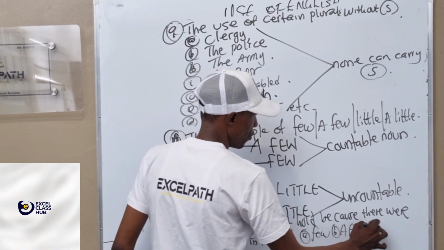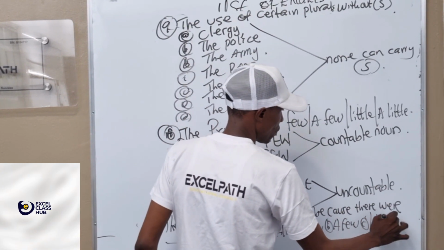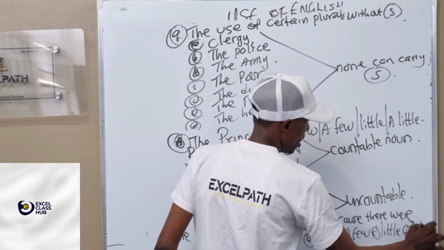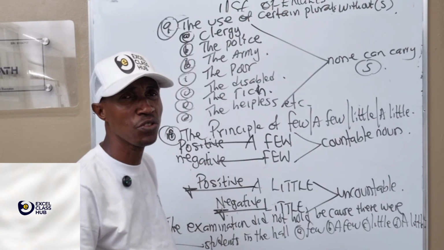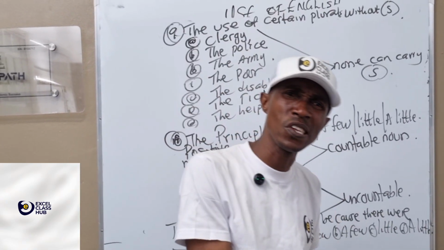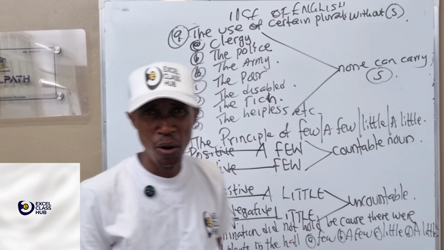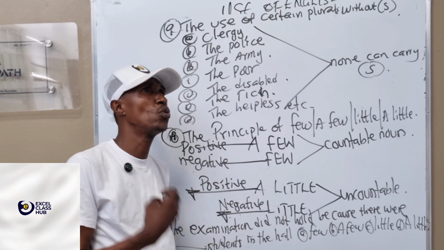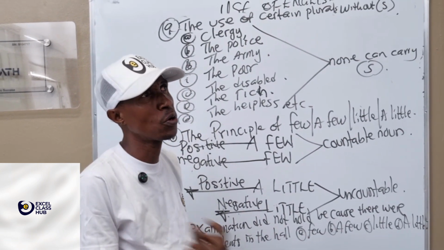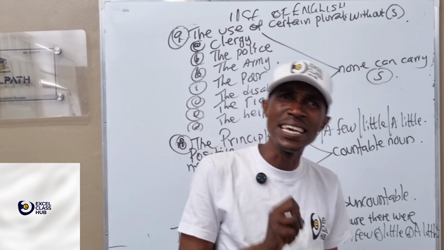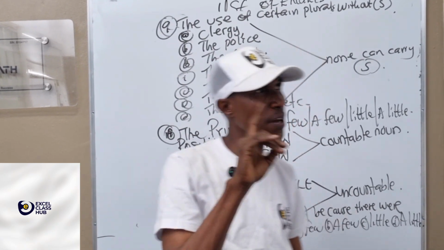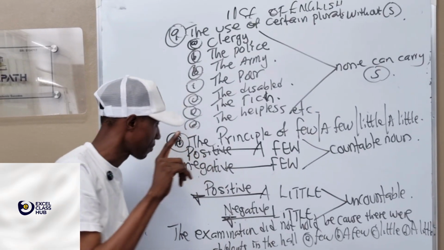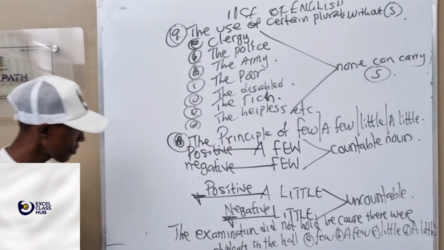B, few. C, little. And D, a little. If you are conversant with your JAMB past questions, you will see all these questions. But the first thing you need to know when solving questions under this concord is to identify their usage. Very important.